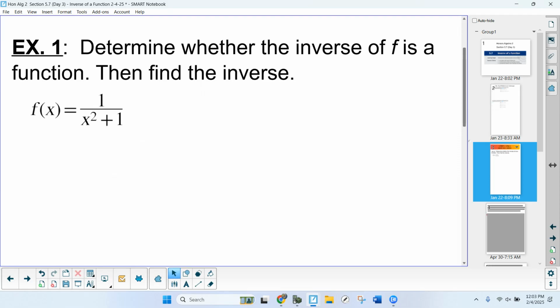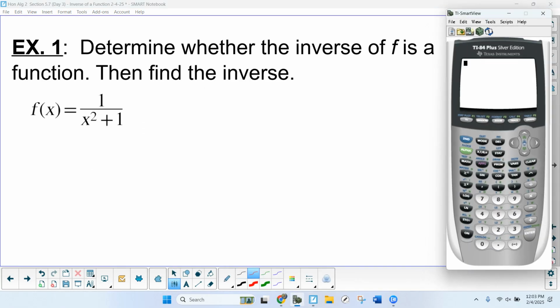Let's grab our graphing calculators. One of the things I can do is graph the original function. So I'm going to go to y equals, clear out my y equals, and make sure my plot is turned off.